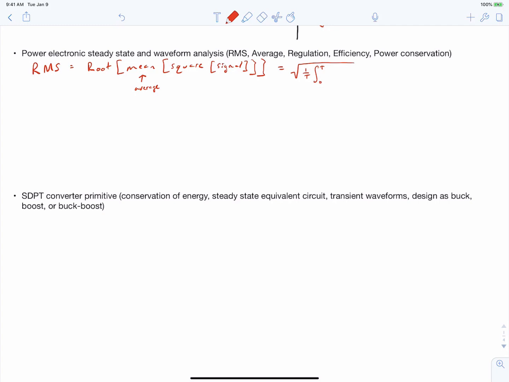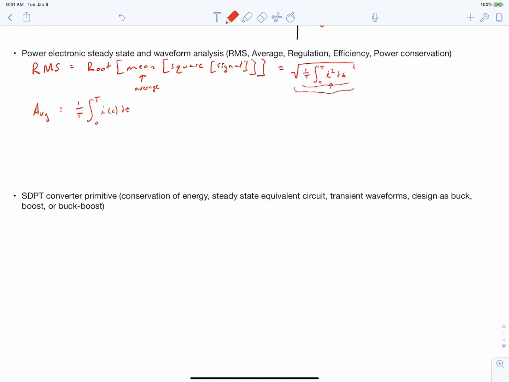And if we're talking about a current, this would be I squared dt. So we square our signal, we take the average of it, and then we take the square root of it. An average of a signal is simply the signal integrated over one period and divided by the length of that period.